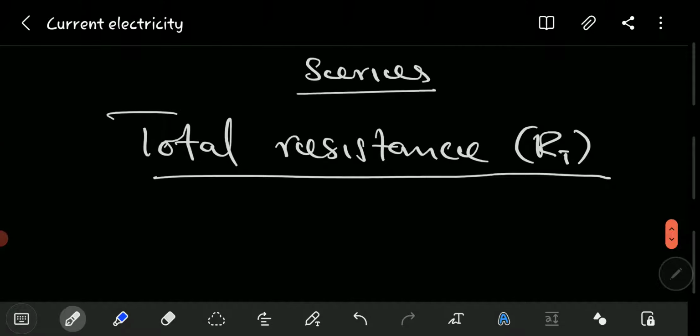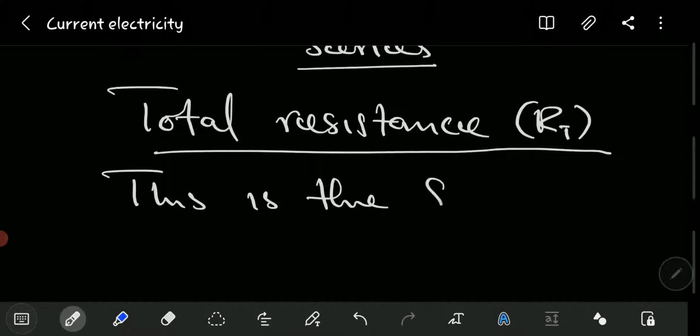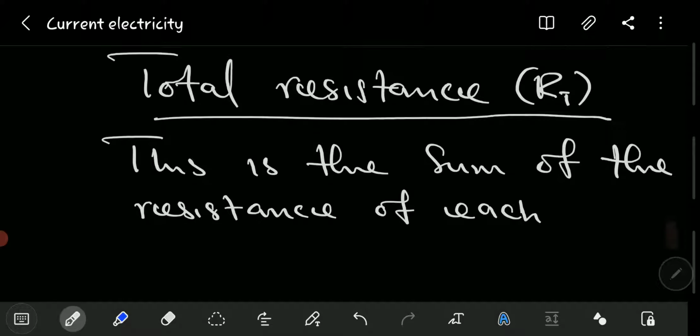So for resistors in series, the total resistance is the sum of the resistance of each resistor.